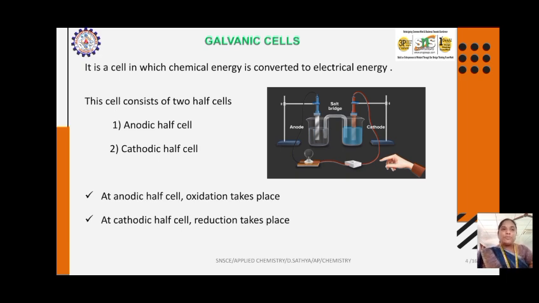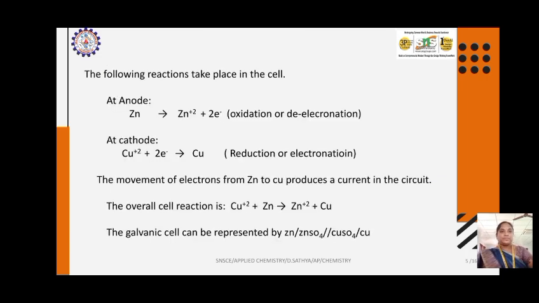In the anode part, we use a zinc rod, for example, dipped into zinc sulfate solution, and in the other half, a copper rod dipped into copper sulfate solution. Here the zinc acts as the anode and the copper acts as the cathode. At the anodic half cell oxidation takes place, and at the cathodic half cell reduction takes place.